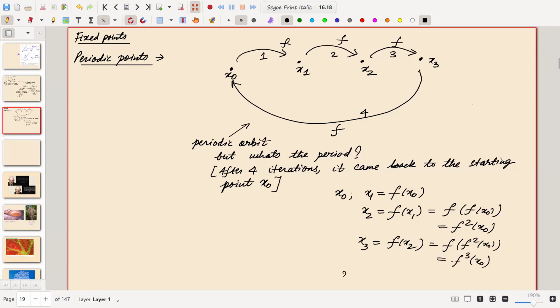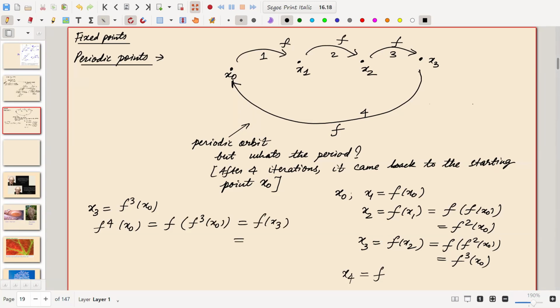Similarly, what is x4? There is no x4 actually. So x3 is f cubed of x naught. Now what is f to the 4 of x naught? It is nothing but f of f cubed of x naught, that is f of x3.